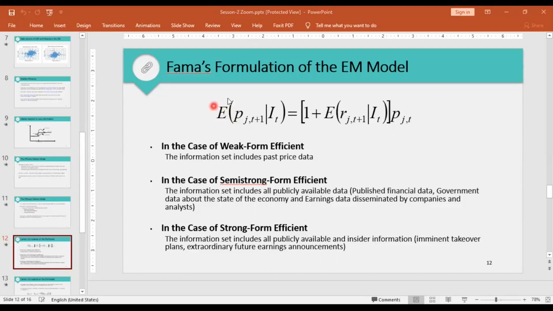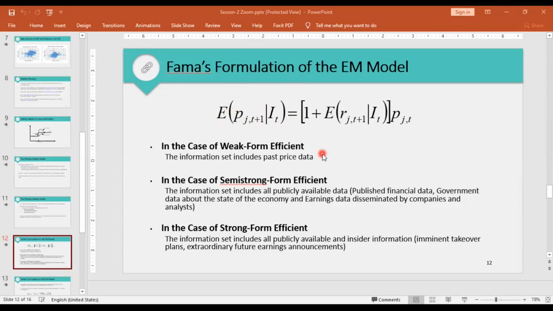If you look at the first part of the notation, E stands for expected. P is the price, J is whatever security we are looking at. So PJ is the price of this Jth security. T plus 1 is the future date.